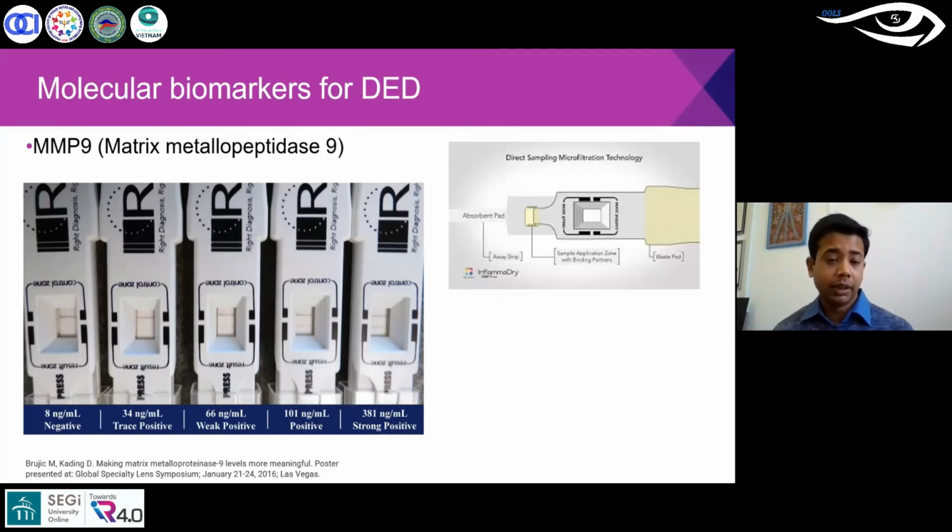It just tells us that it is MMP9 positive, which means you should have a strong suspicion for dry eye disease. It's one of the biomarkers available, and if it's positive, I think you should start thinking about treatment of dry eye. If the patient is still not symptomatic, look for symptoms with a questionnaire, or look for signs and see if you can pick up anything.